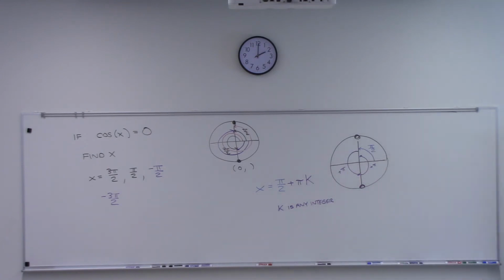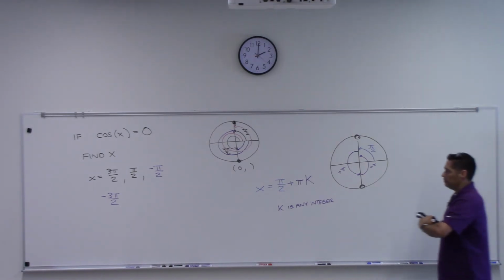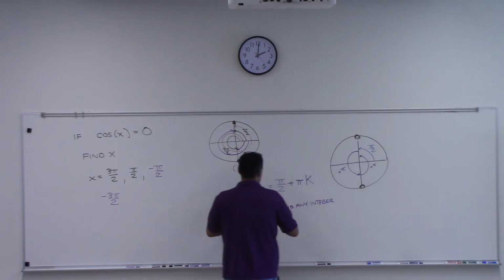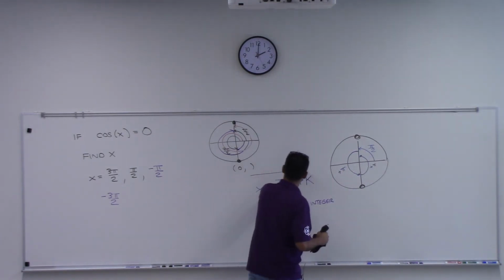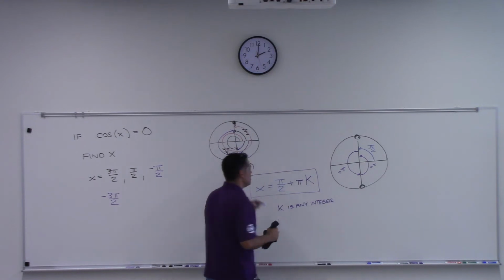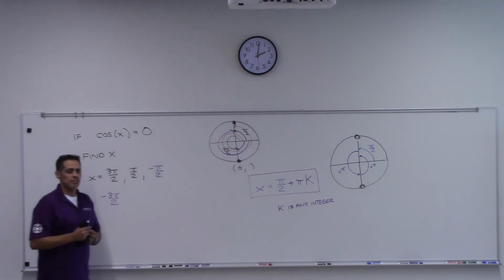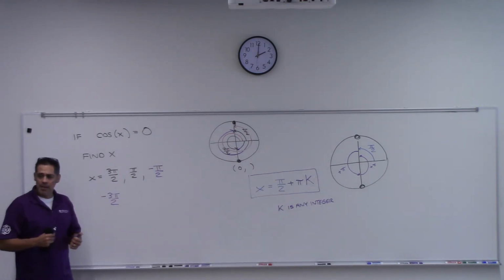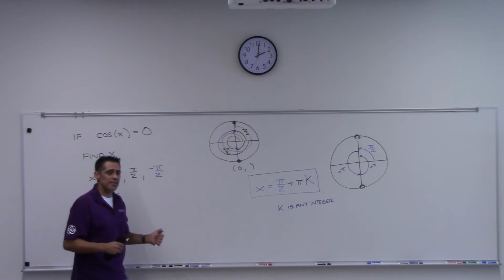Remember, an integer comes from that list: 0, 1, -1, 2, -2, and so on in both directions forever. If I write this, this covers all the answers. That is all infinitely many solutions represented in a nice clean answer.